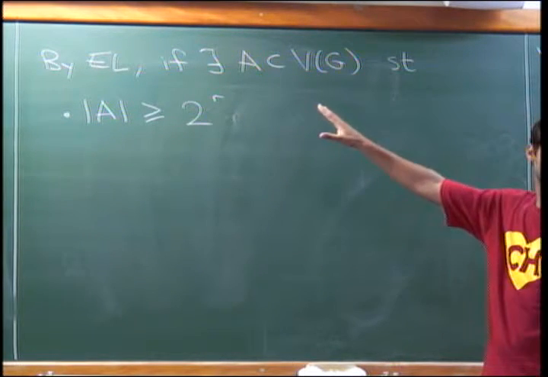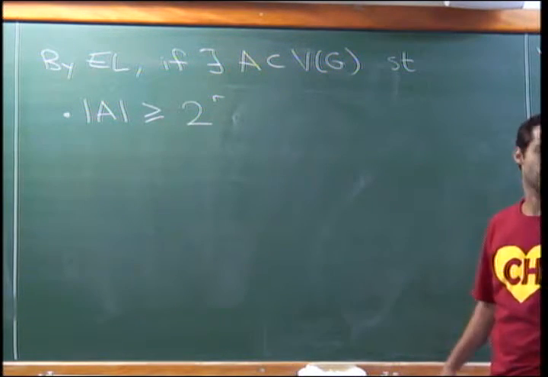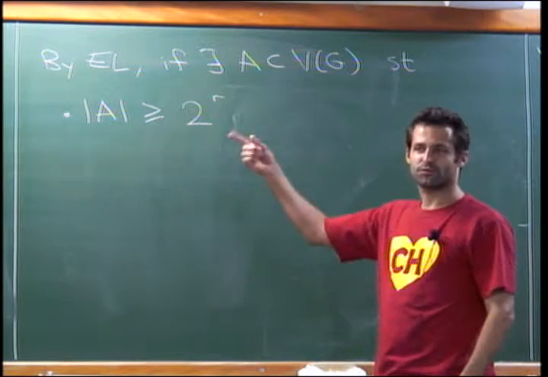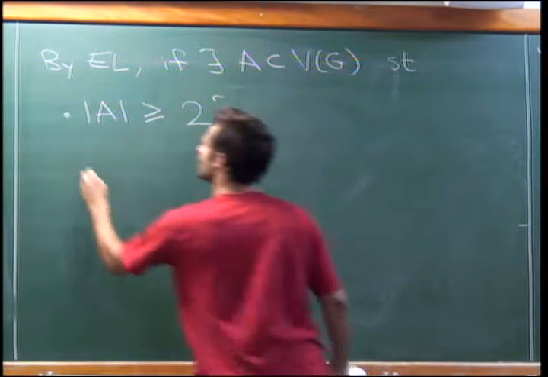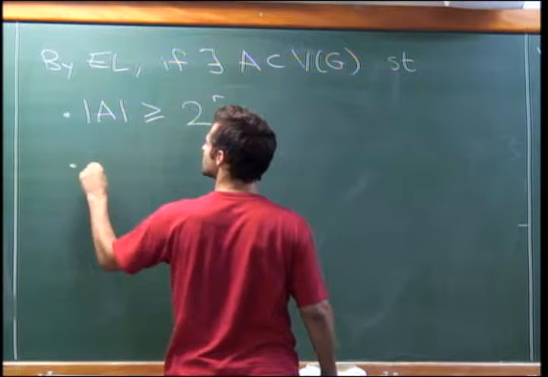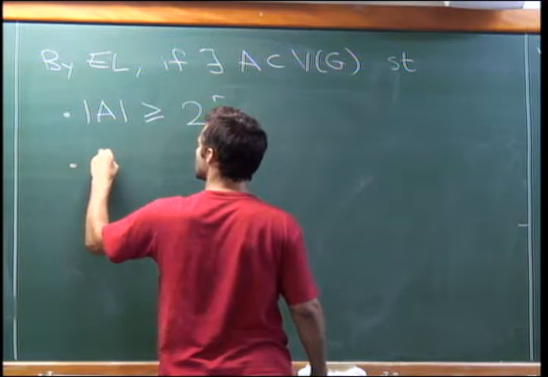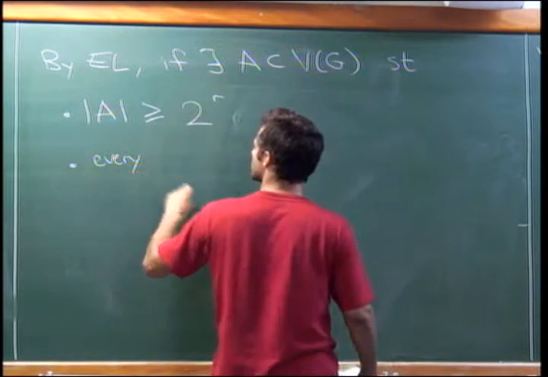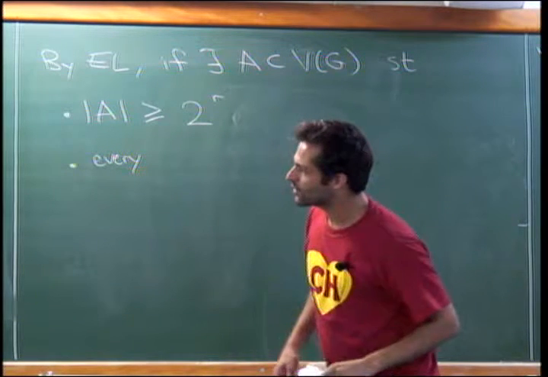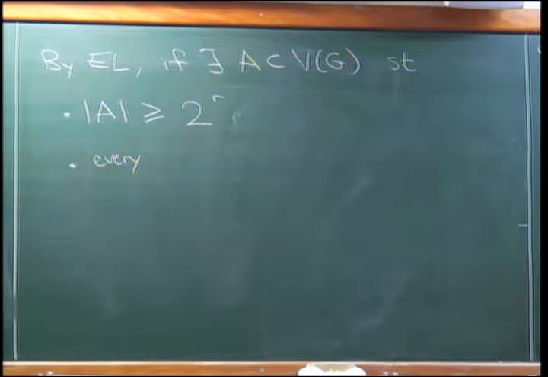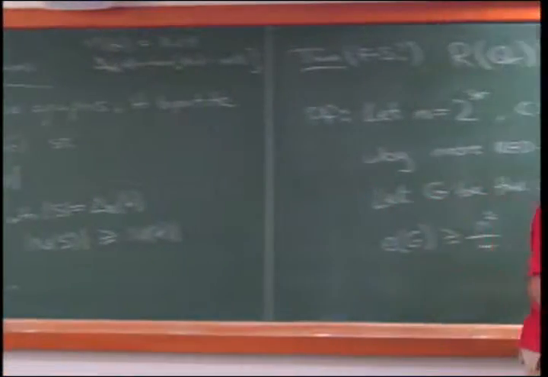Actually, we only need 2 to the R minus 1, but let's not worry about that if you think about the proof. And every, how big a set? Every set of size, this is the degree of a vertex in the graph, that's R, we noticed before.